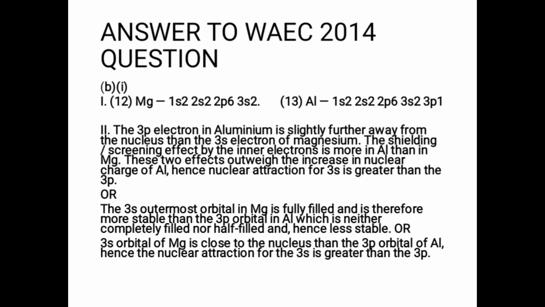So the screening or shielding effect is more in aluminium than in magnesium. These two effects outweigh the increase in nuclear charge. Hence, the nuclear attraction of 3s is greater than that of 3p. And then of course there is another way to answer it. So these are possible answers you can give to that question.